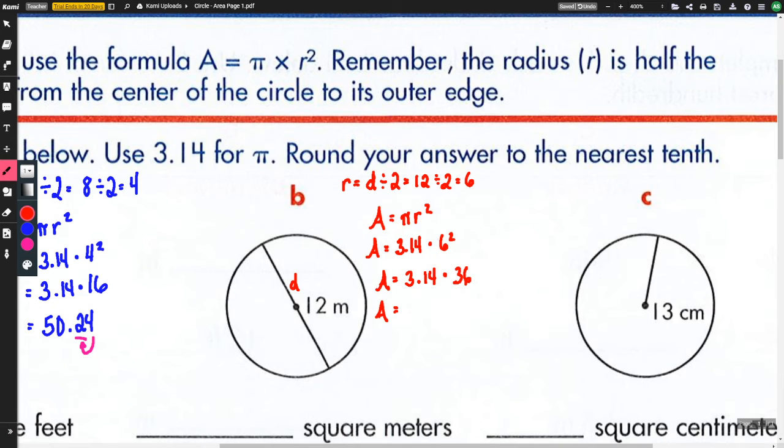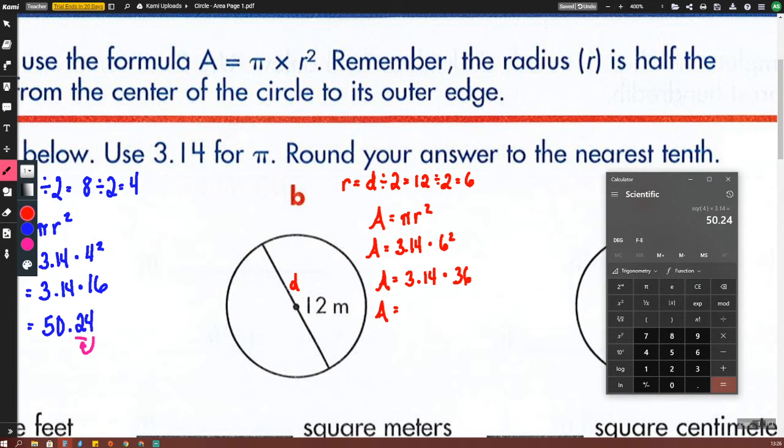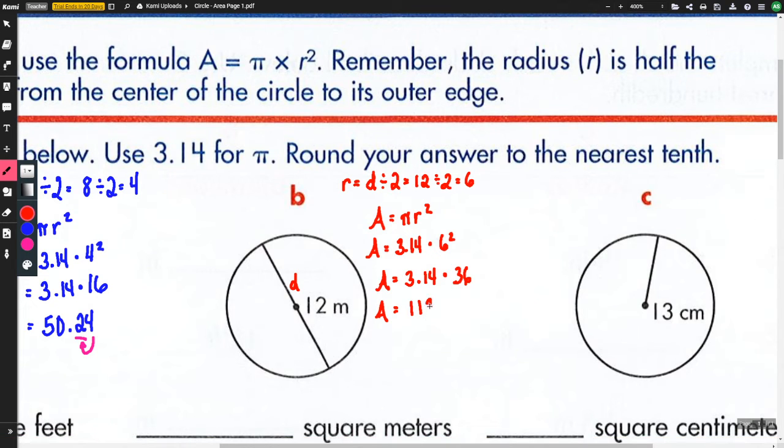pull up a calculator, and I have 3.14 times 36. I get 113.04. Now again, I need to round to the nearest tenth.